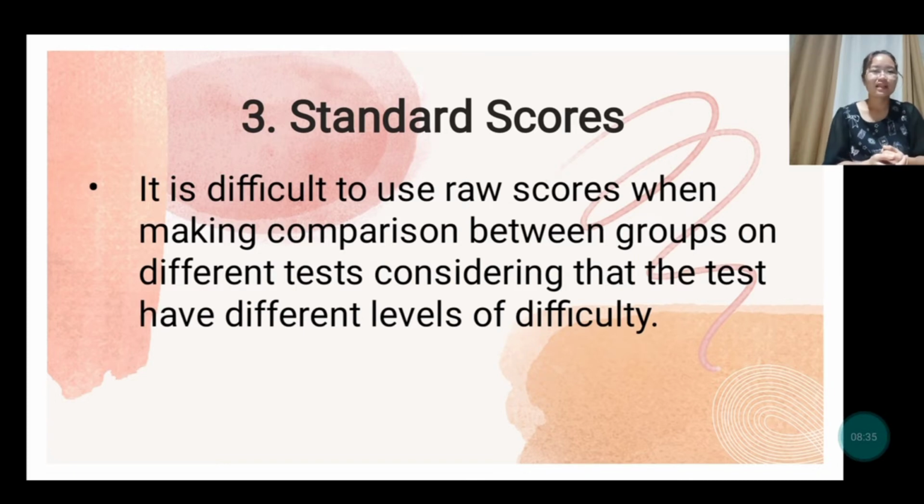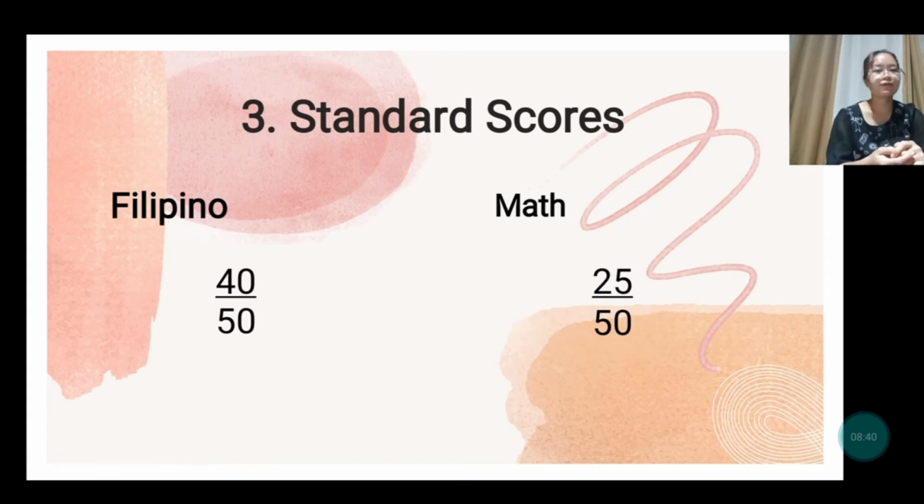Yes, they do. So let's say the student got 40 over 50 in Filipino, while in mathematics, the student got 25 over 50. We can't compare these raw scores because they are different. And as you may have noticed, a student can have different strengths and capacity in different fields. So how can we determine and make comparisons of these scores?